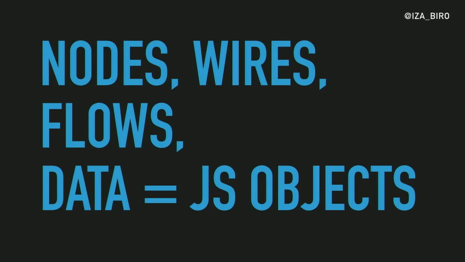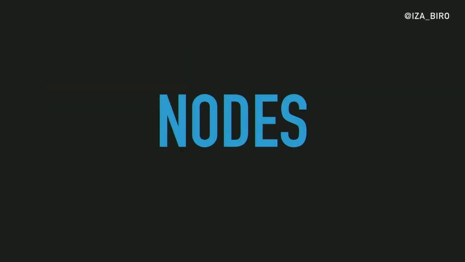So nodes, wires, flows. Cool thing is that all these can be expressed with JSON. The nodes themselves, as I mentioned before, are the black boxes. The individual asynchronous processes. But they are also node modules. And you can write your own nodes.